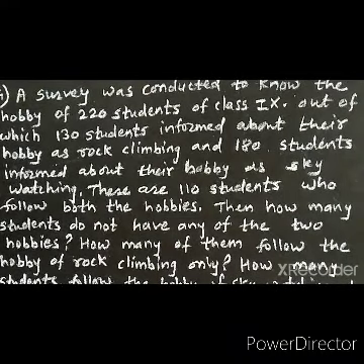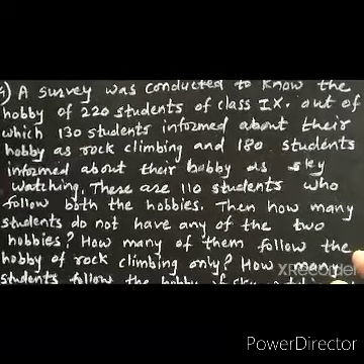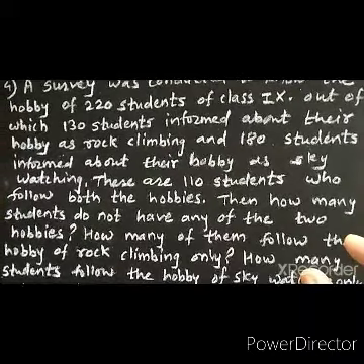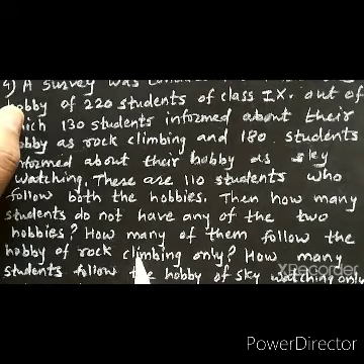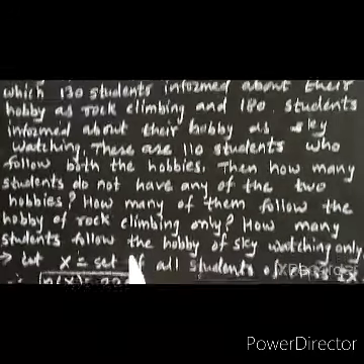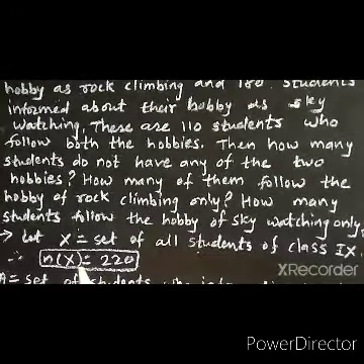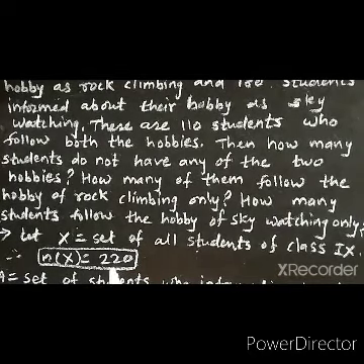So here in this example, we have total students of class 9, that is 220, and the survey was conducted to know the hobby of these 220 students of class 9. So let us consider X be the universal set, that is the total set of all the students of class 9.